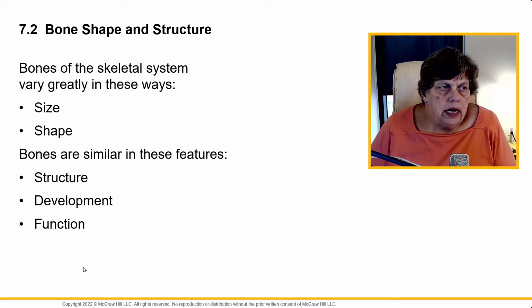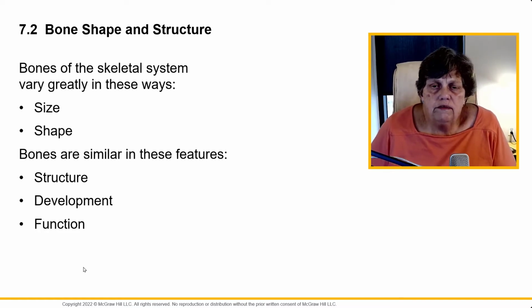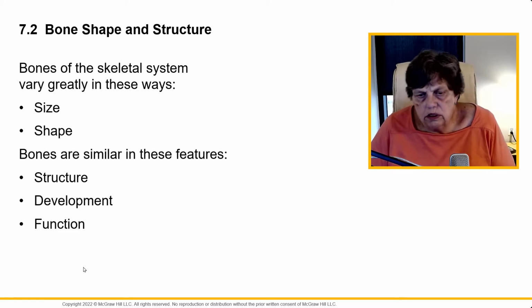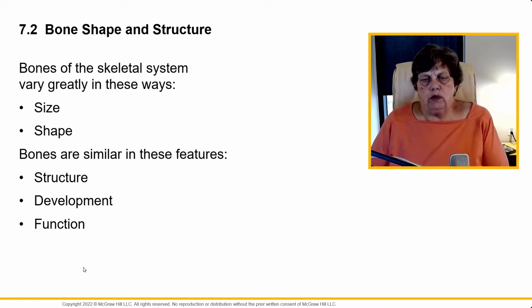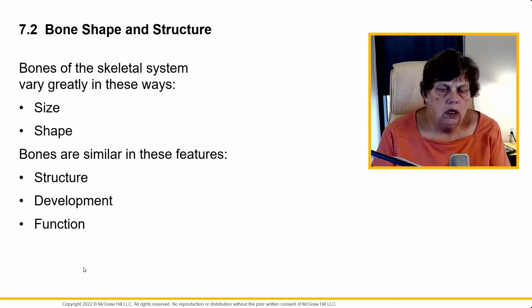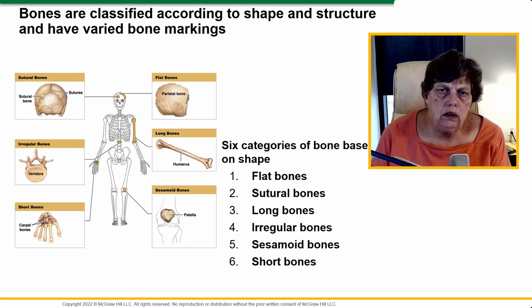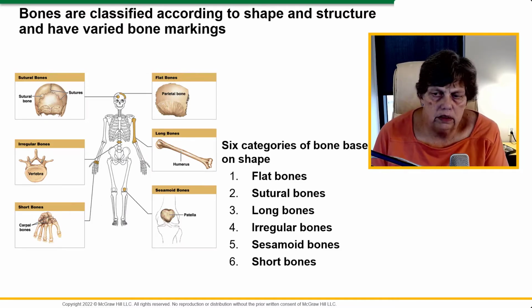First, we want to look at bone shape and structure. The bones vary a lot, is all I can say. There are all kinds of different sizes, all kinds of different shapes. There are some generalities, and so the bones are similar in terms of their internal structure, the way they develop, and their function, but they all look different.